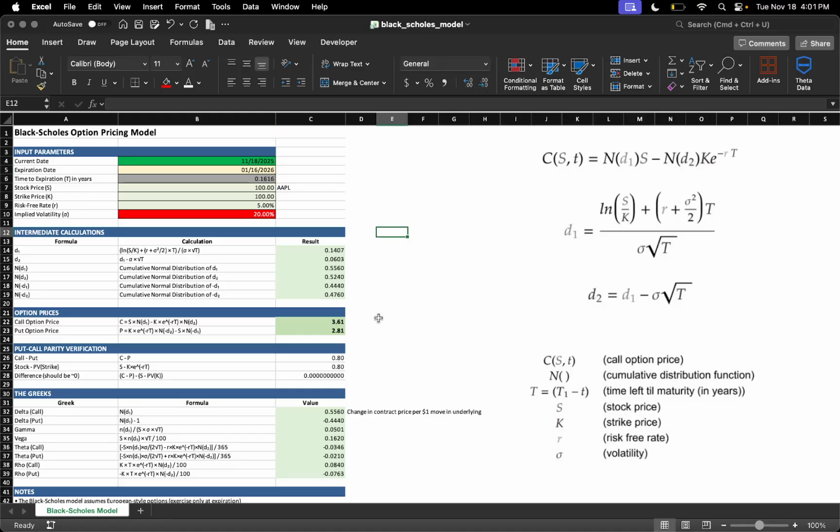And what you can see here is that if I put the contract price here, and then I put the delta here, 55.6, and I change this to $1, you'll see that the call price will increase by the delta. Well, not entirely. There's something called Taylor expansion, where you have to take into account a second order Greek called gamma.